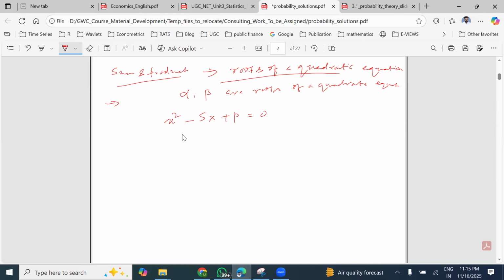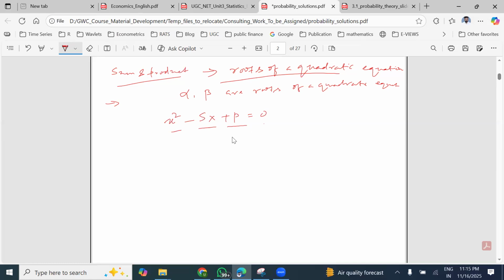Then, like Chinmay was telling, we have assumed that alpha and beta are the roots of this quadratic equation.